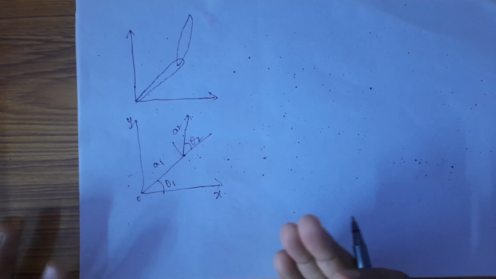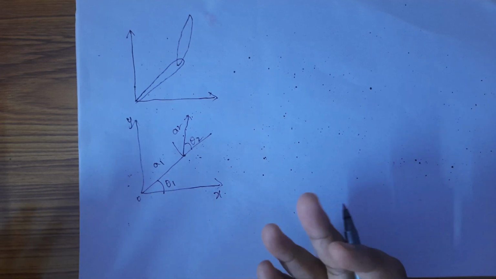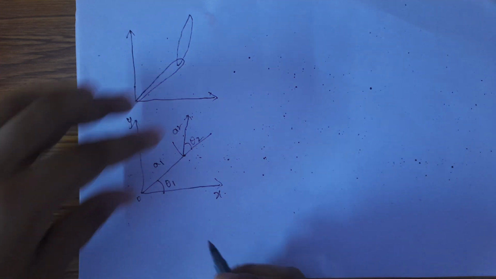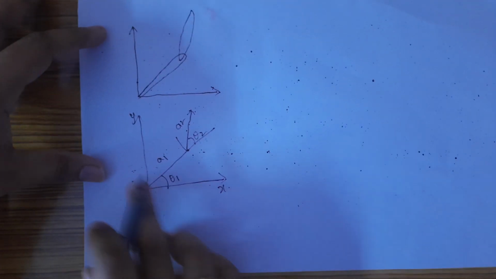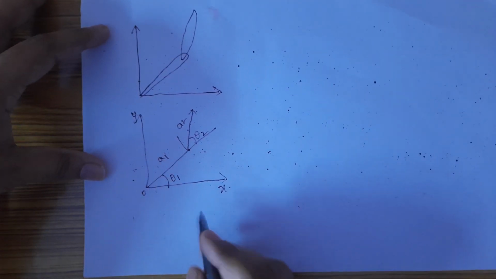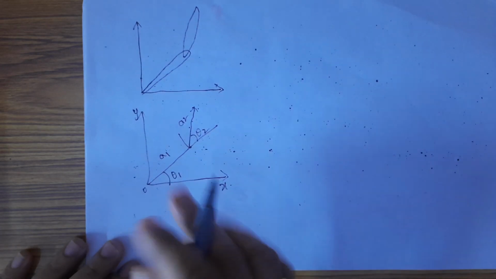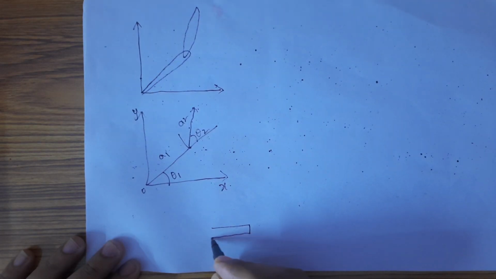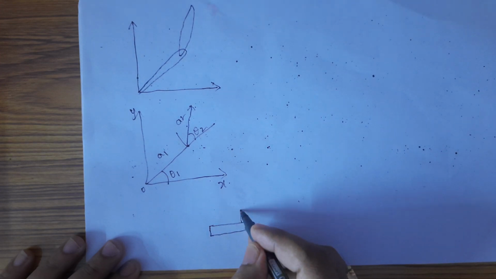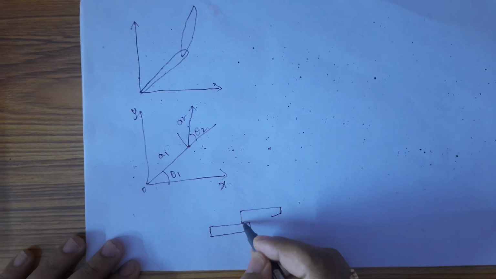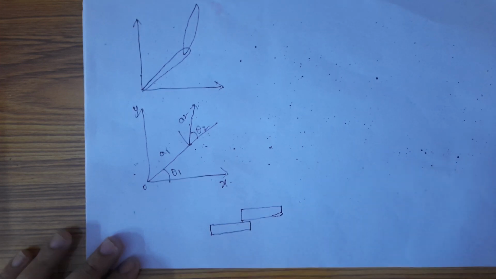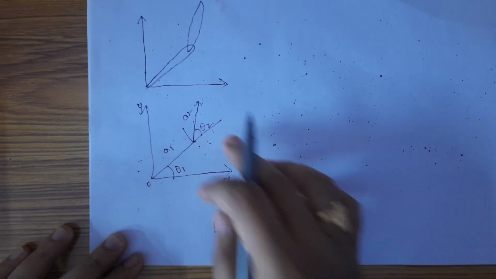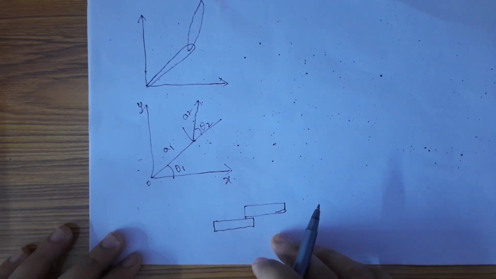If you go for a 3D figure, or if you have more than 2 or 3 joints, then we have to use them. I'm just drawing it in the front view, so if I look from the front top view it will look something like this.